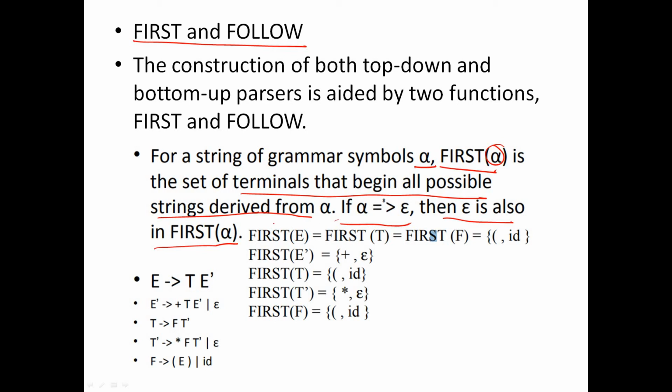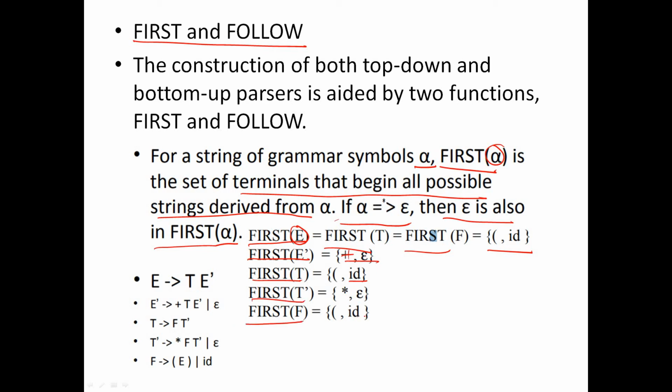And the method will be like this. First of E equal to first of T equal to first of F equal to id, comma, open bracket. And first of E dash equal to plus, epsilon. First of T equal to bracket, comma, id. First of T dash, it comes star, epsilon.